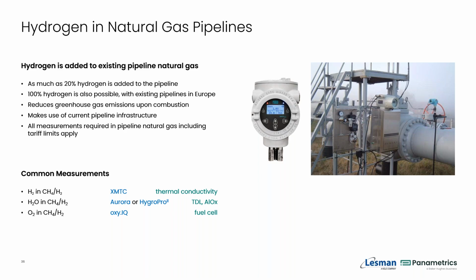Now, you don't get the hydrogen embrittlement if you're just using pure hydrogen. In any case, you still need to understand what that blend is because you don't want to be pushing it above 20%, and that's where a binary gas analyzer is being used. You still have to measure moisture and oxygen to meet the pipeline tariffs, but in most cases, the hydrogen will not be impacting that measurement.